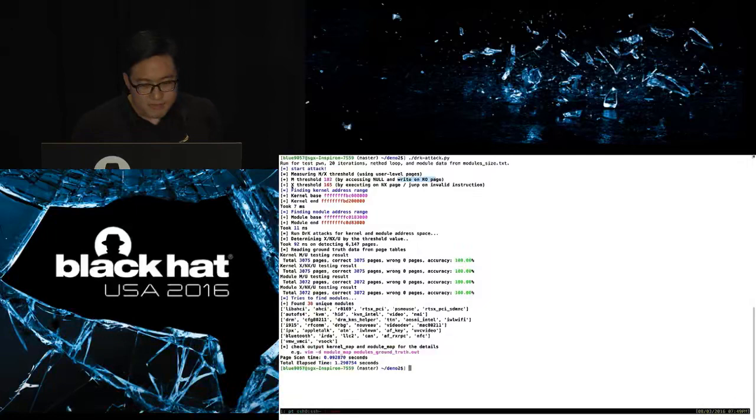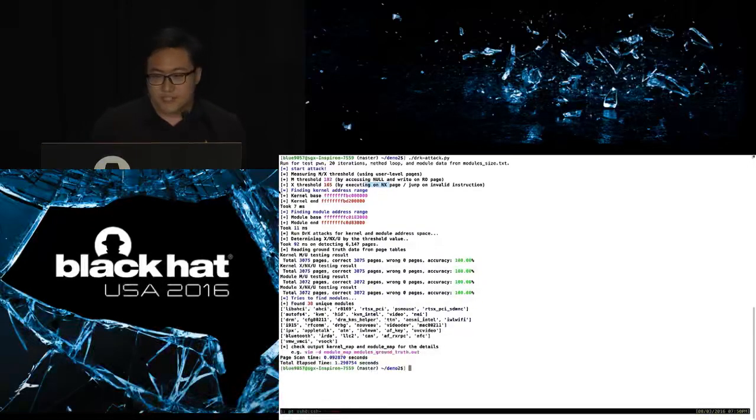And to get the threshold for the executable one, we map a non-executable page in user space and try to jump to it to measure the timing, and also jump into an executable page with invalid instructions to generate a page fault internally, to measure the timing for executable pages.